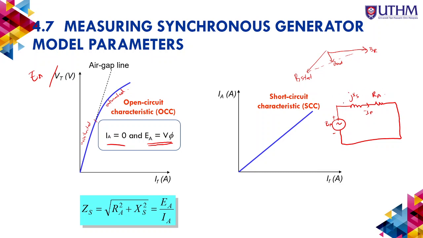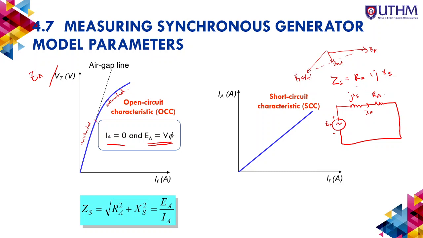Okay, so since this is imaginary, ZS is equal to RA plus JXS. So this includes the phase. Okay, so to get the magnitude, we need to multiply with the conjugate, and then it becomes like this.